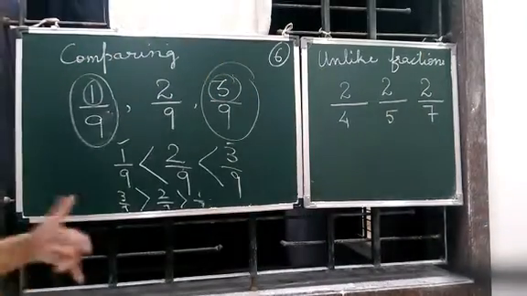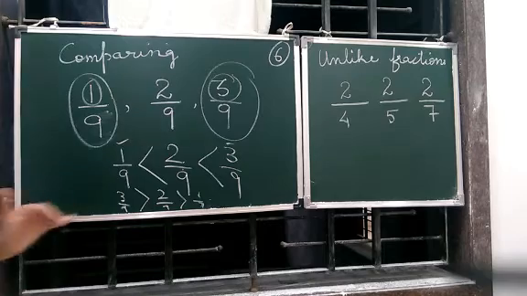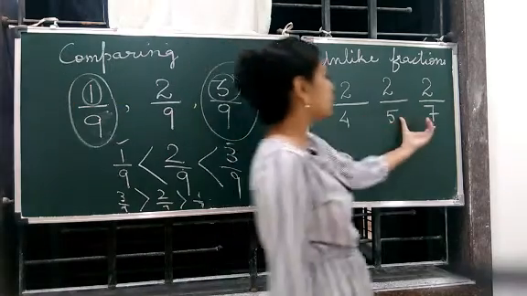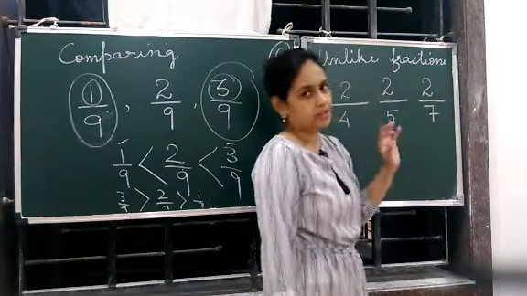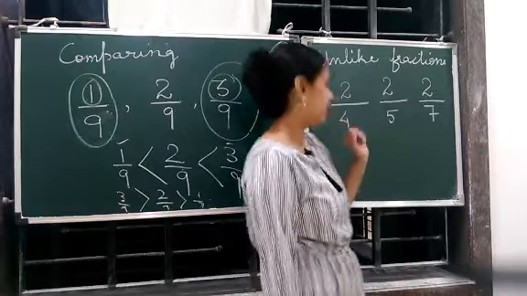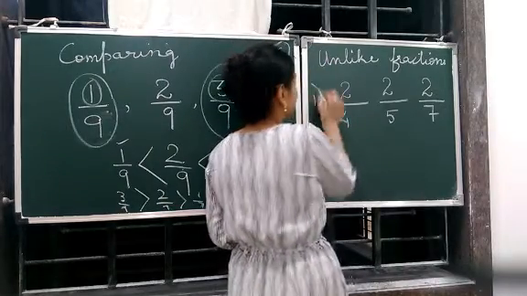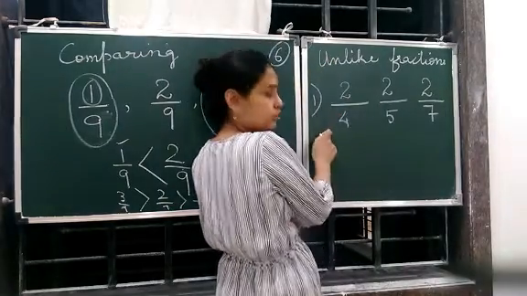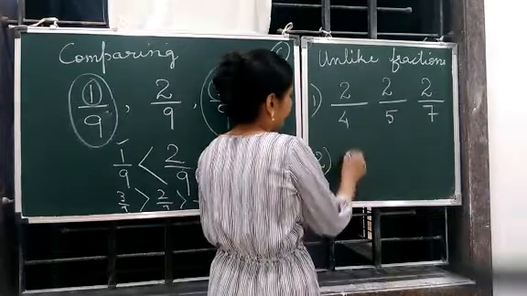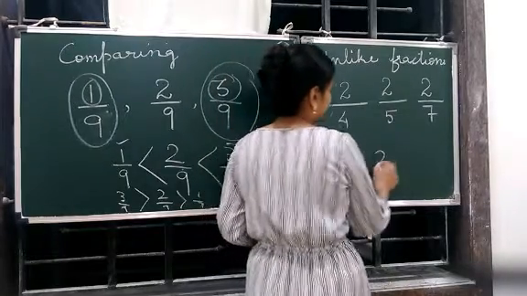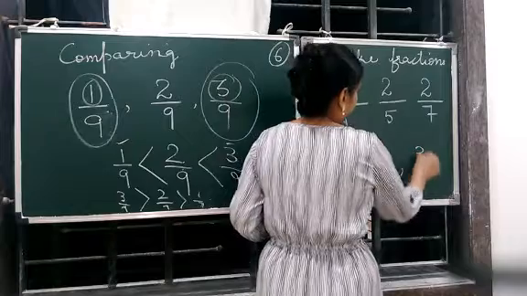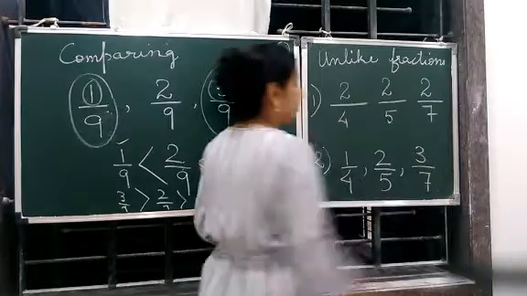Yes, they are still unlike fractions. Okay, only numerators are same, but still they are unlike fractions. Okay, so this is one example for unlike fractions to compare, and one more example you can take, this one.